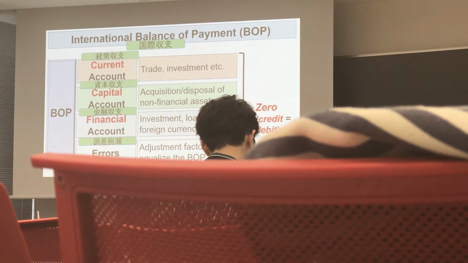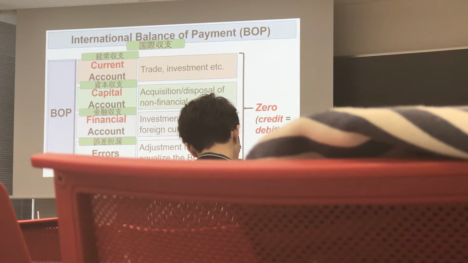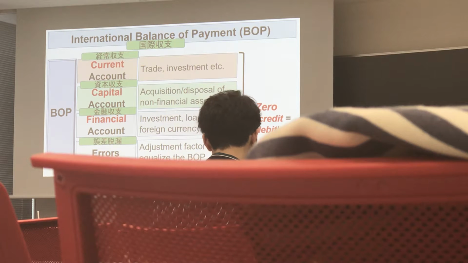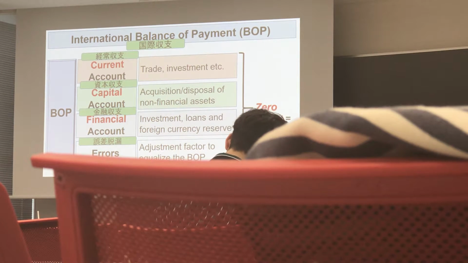And then the next equation. BOP equals current account, capital account, financial account, and errors. This is a major highlight.